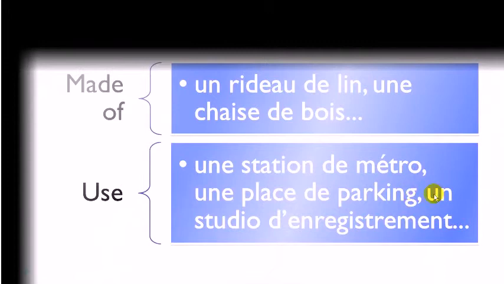And the last one, un studio d'enregistrement. Enregistrement is recording. As you can see, as usual in French, we've got this de, but as enregistrement is starting with a vowel, the e needs to go away. So une station de métro, une place de parking, un studio d'enregistrement. That's this use concept, so what you use these things for.